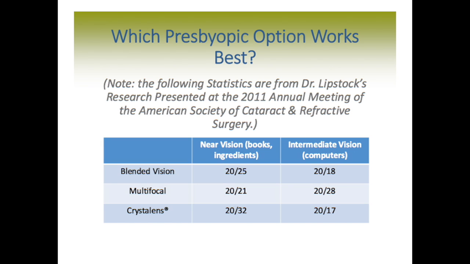Therefore, much of the time the surgeon needs to take that crystal lens and also give a little bit of blended vision, setting the dominant eye for distance and making the other one a little nearsighted so they can see up close a bit better.